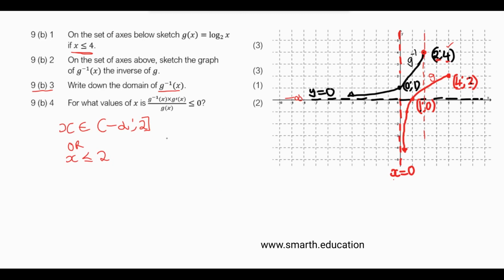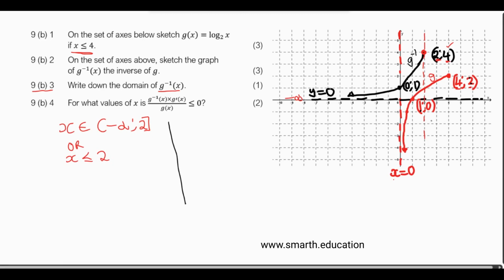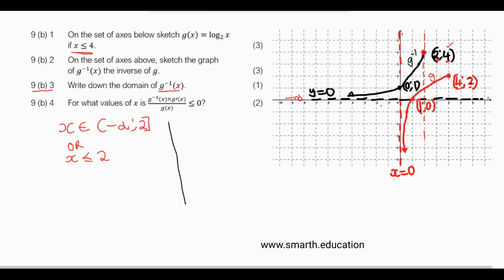Remember this. Let's say you want to work from the original equation. The domain of the original equation, we talked about this. We said x is greater than 0 but less than or equal to 4. That's the domain of the original equation.